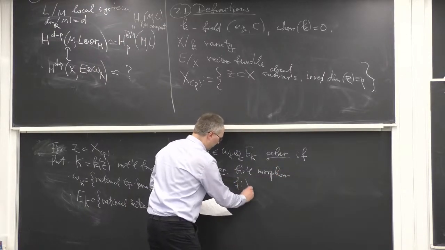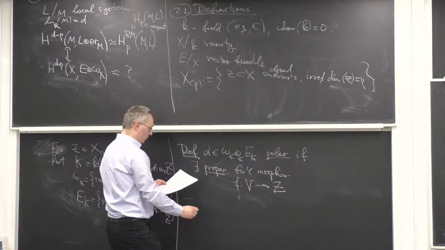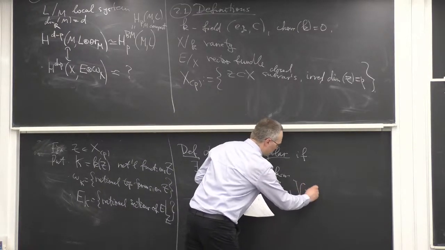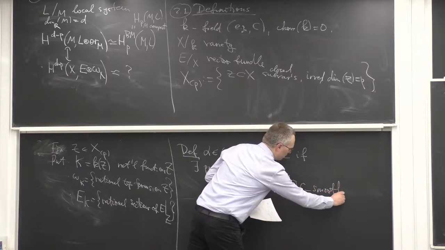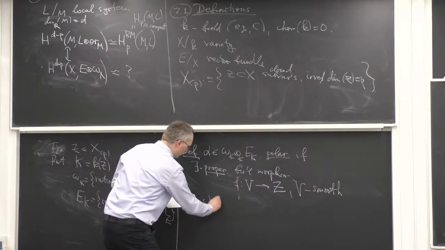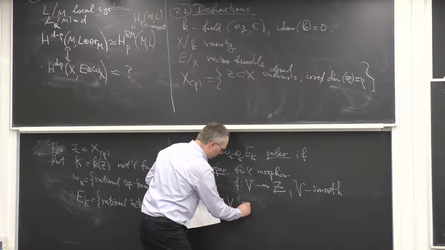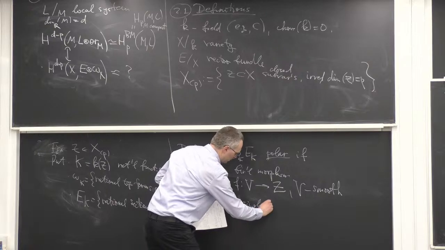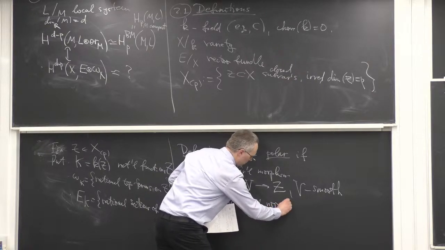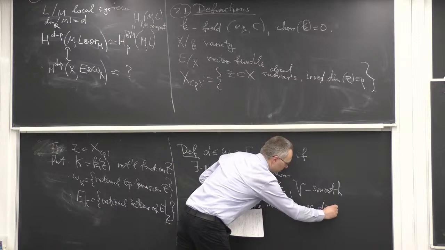F from some V to Z such that V is smooth. There exists some W on V, which is a simple normal crossing divisor. I will comment on these notions.